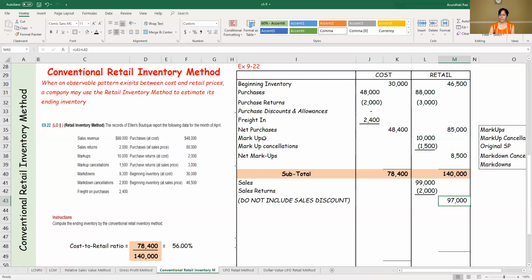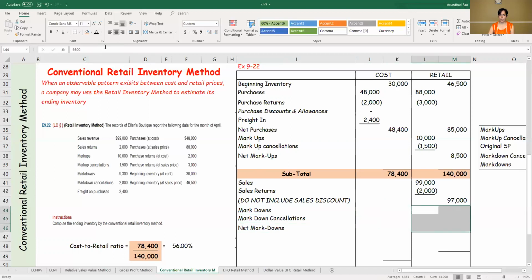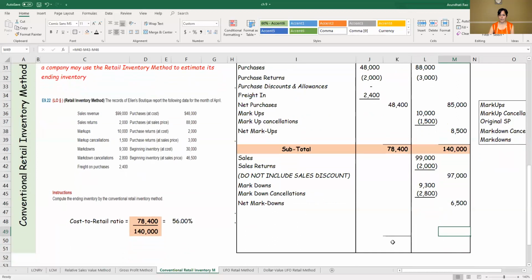Now, just like we took care of the markup cancellations, I now need to take care of the markdowns and markdown cancellations. Okay. So those again are all going to be listed over here only on the retail side. And you will see that it is 6,500 over here is the markdown cancellations, the net markdown cancellations is what we're concerned with.